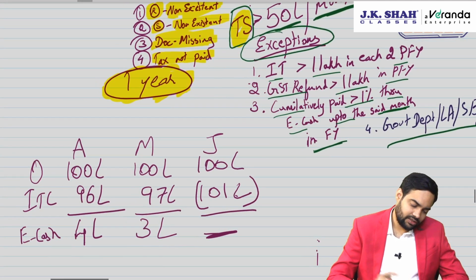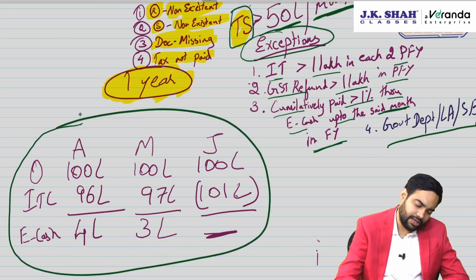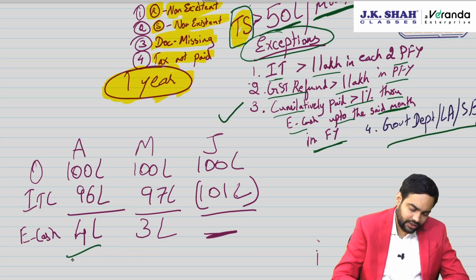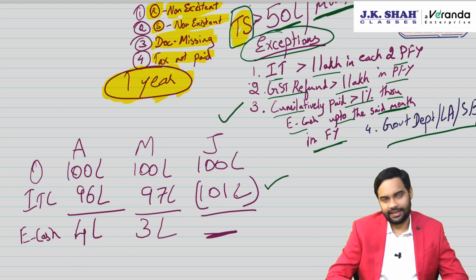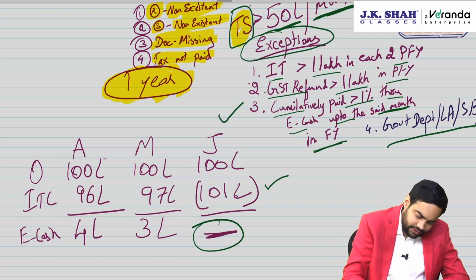Now say suppose this is my output and ITC data for April, May and June. Now see, April and May I have paid money through eCash, but June I purchased more. Is it possible that in 1 month I have more purchases? Yes. So I did not pay anything through eCash. Will the restriction of 86B apply for June? Let's see. What is the total output?